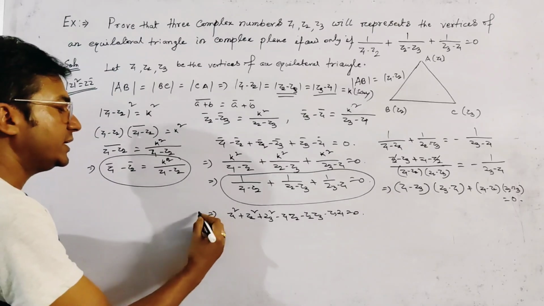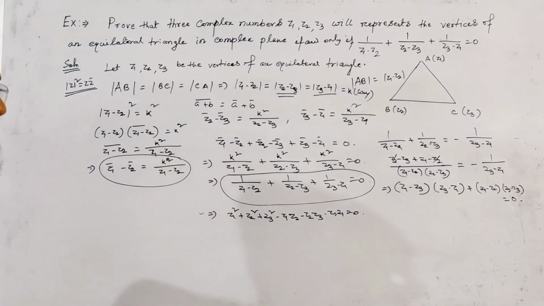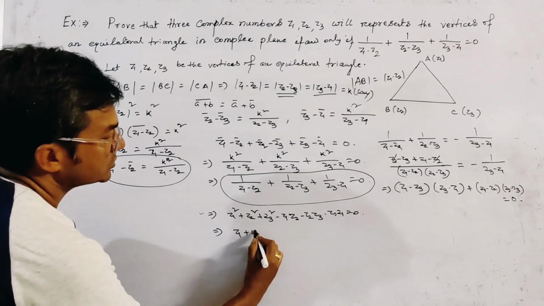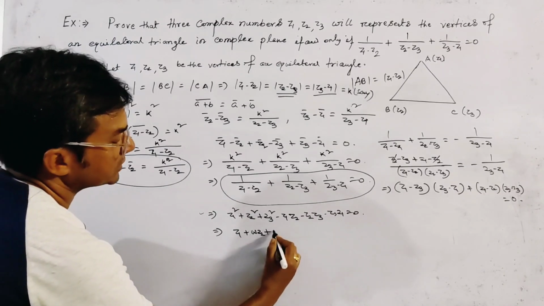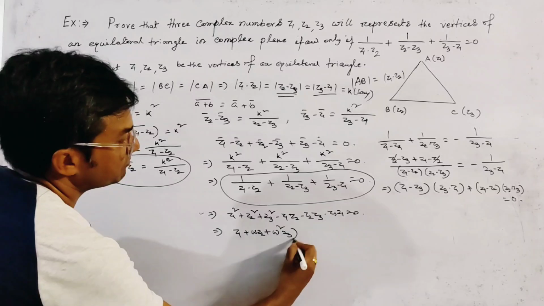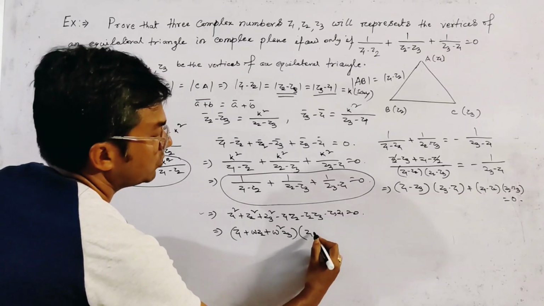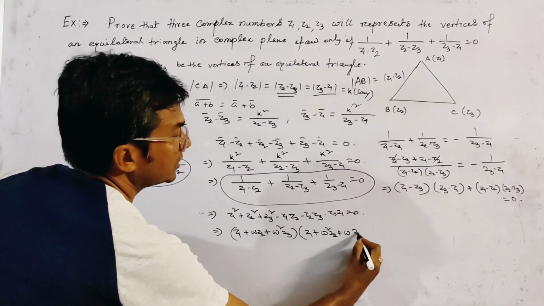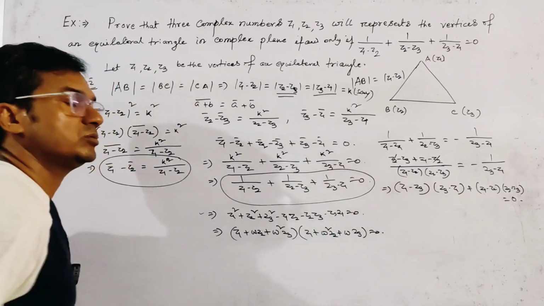We write directly: Z1 plus omega Z2 plus omega square Z3 into Z1 plus omega square Z2 plus omega Z3 is equal to 0.